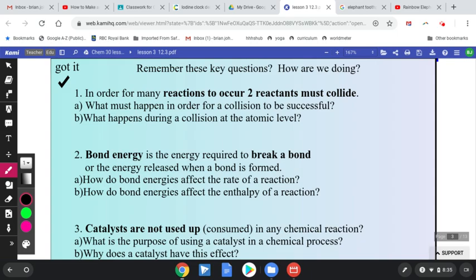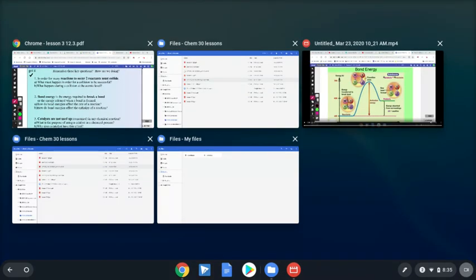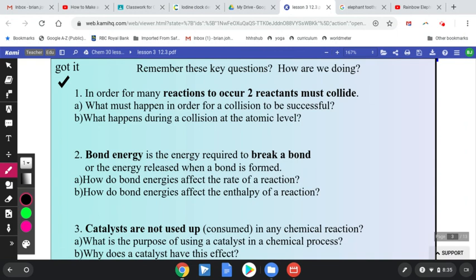So a quick review. We started off Chapter 12 looking at reaction collision theory. And that meant understanding what it takes for a successful reaction at the atomic level. And the first thing was that in order to have a reaction, you need to have a collision. And when you have a collision, the molecules have to collide with two key criteria.